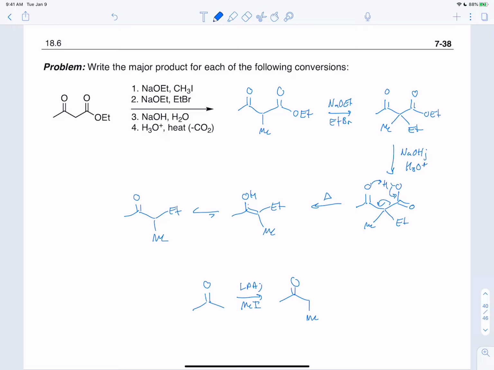But then the second deprotonation with LDA and addition of ethyl bromide would end up putting it on the opposite side because now it's less sterically hindered. So this method lets us introduce two different electrophiles sequentially to the exact same carbon. So these two methods are a bit orthogonal and can give you different types of products.